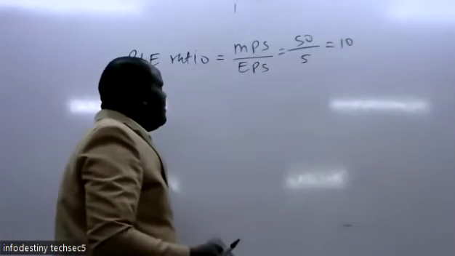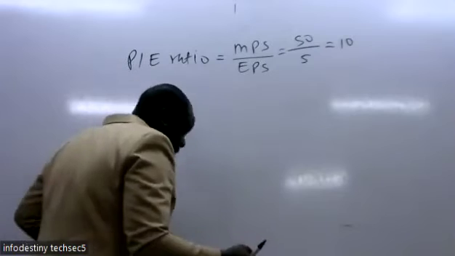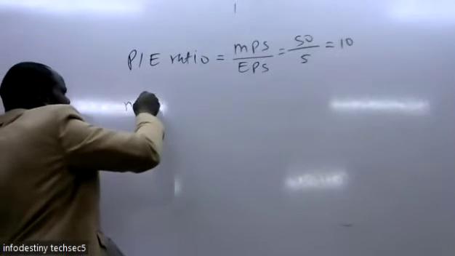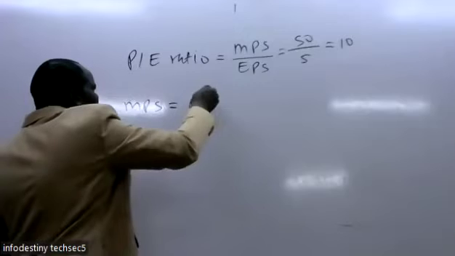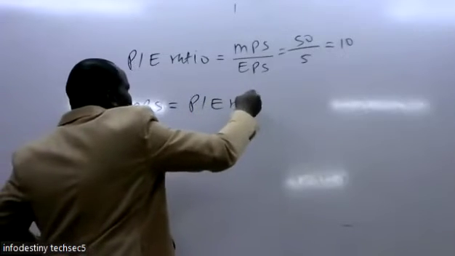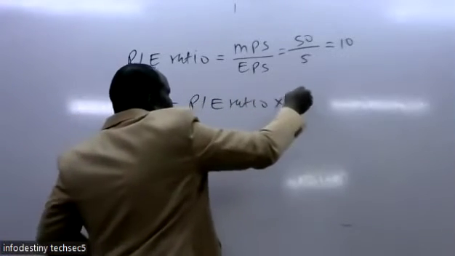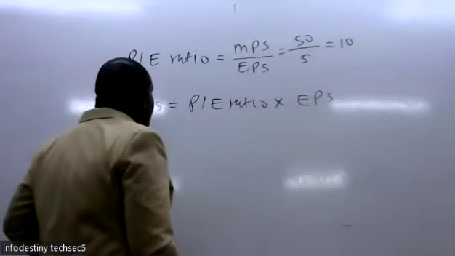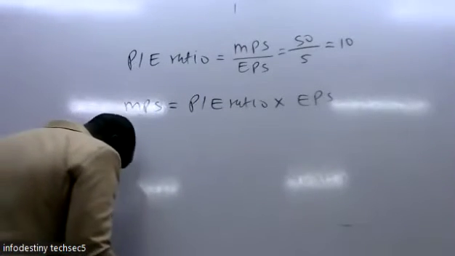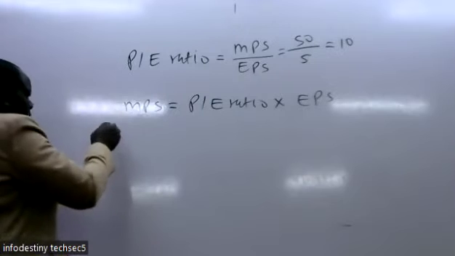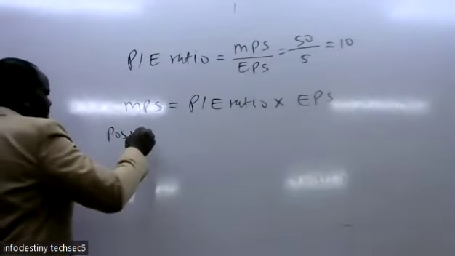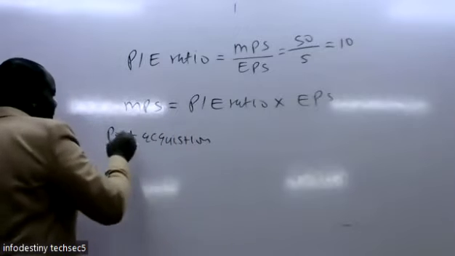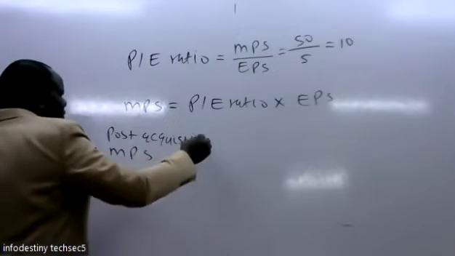Then we make the market price per share the subject. When you make the market price per share the subject, it is simply the price earning ratio multiplied by earning per share. We are looking for the post-acquisition market price per share.